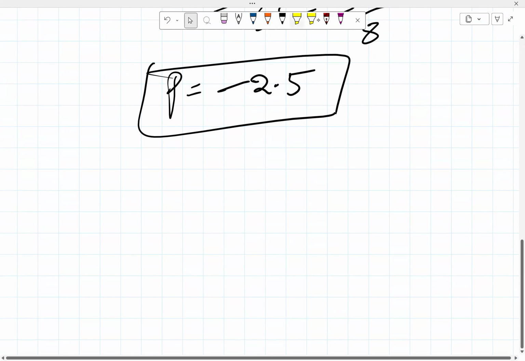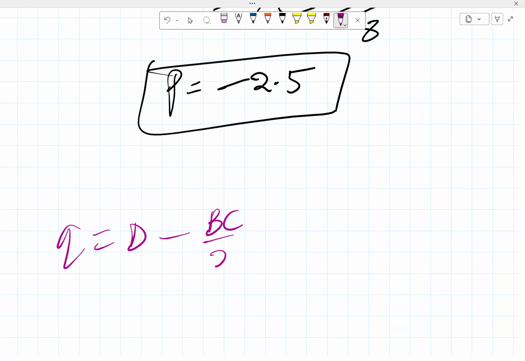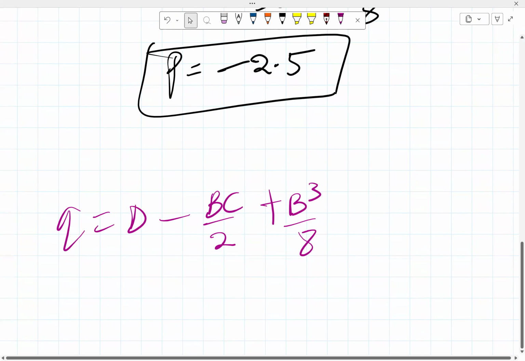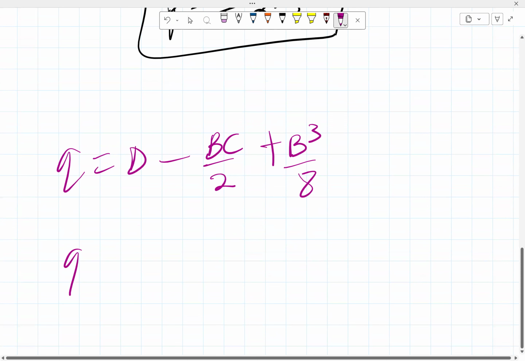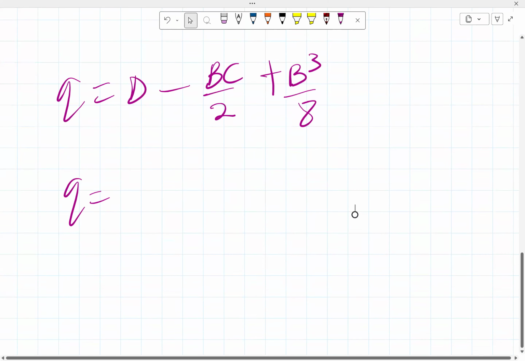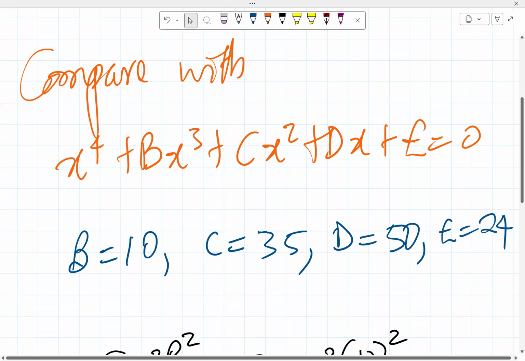So we need Q. Q is D minus BC over 2, then plus B cubed over 8. That is what Q is now. So Q is equal to D, which is 50, minus BC, where B is 10 and C is 35.